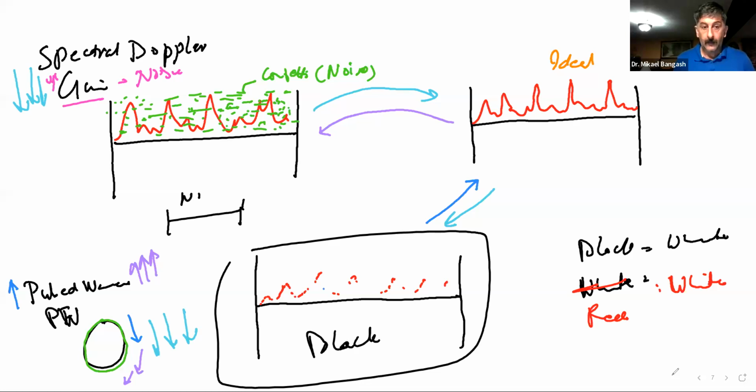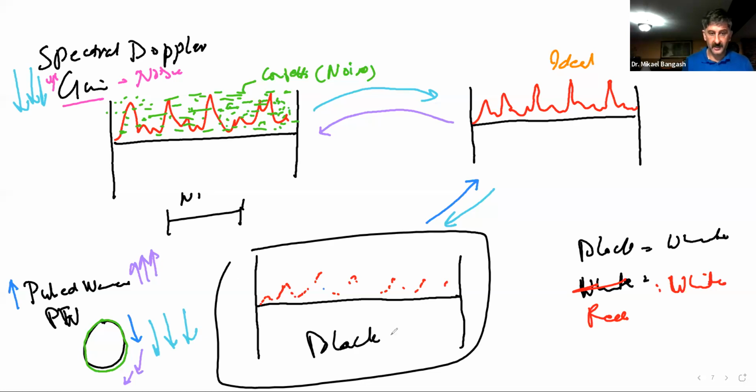Likewise, you can be given this image, and they may ask what can you do to correct this image here? The correct thing to do is to reduce your Doppler gain, or you can say your spectral Doppler gain.